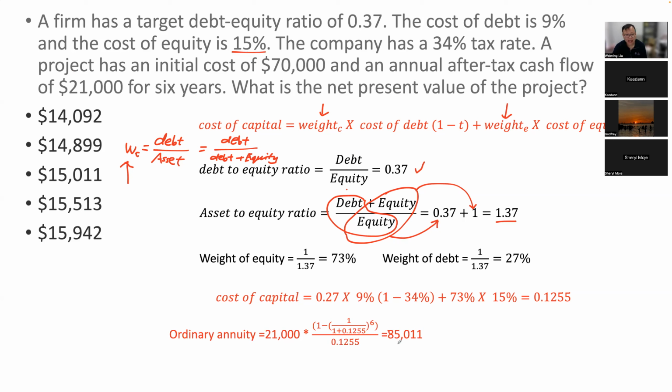We figured out that the 6 years of future cash flows in the equal amount of $21,000 is worth $85,011 in today's value. The cost is $70,000. The difference is the net present value, $15,011. So we have a positive net present value, and this project should be accepted.